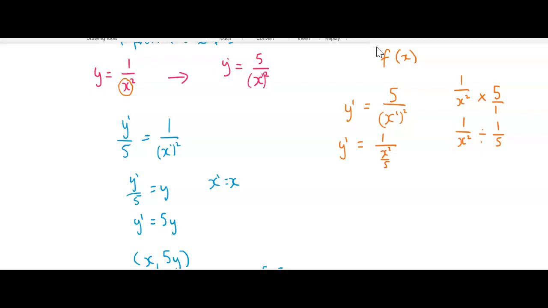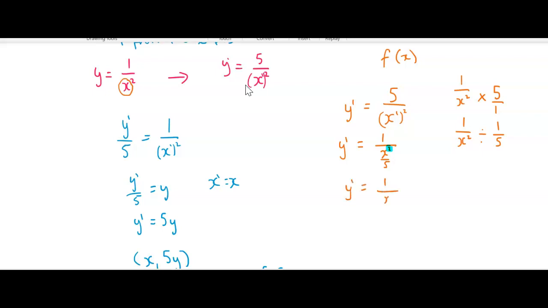At this point, I still haven't substituted in for that x, because that 5 is not a part of that square. The square is just applied to the x, not to the 5. I want everything to be taken to the power of 2.